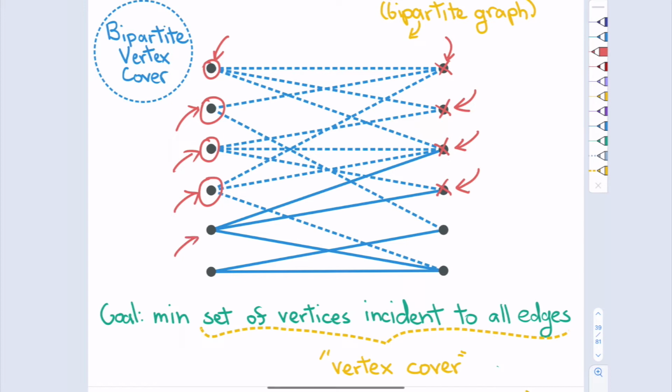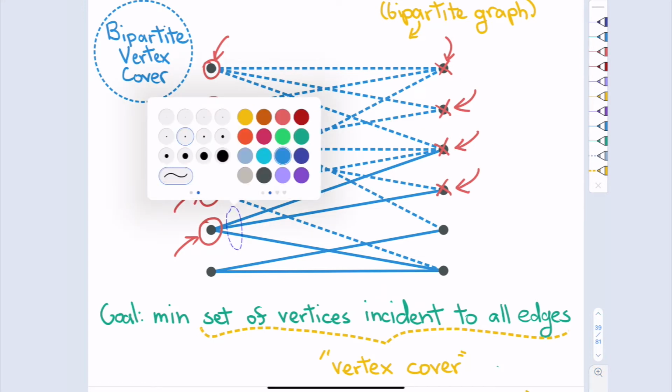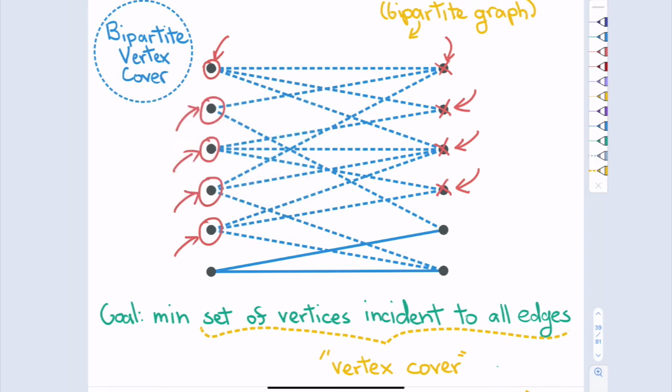How about this one? Okay. All right. And then how about this one? And then how about that one? Okay, good. We got all, okay.